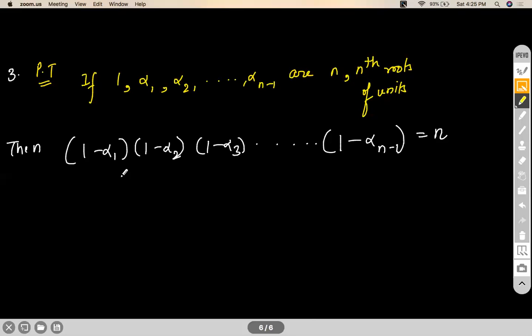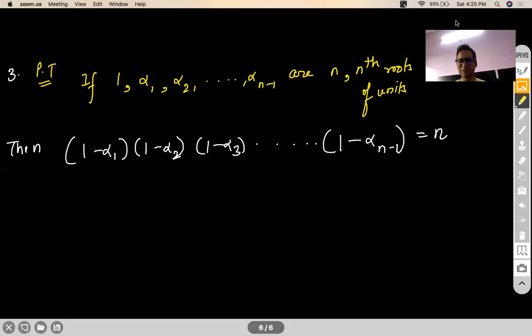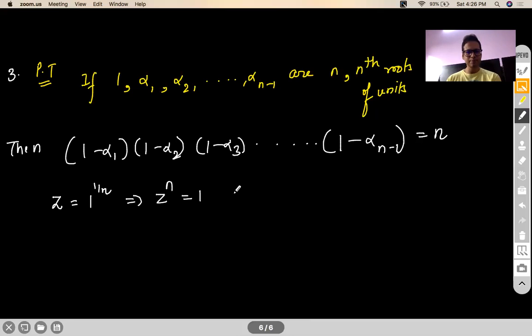Okay, so let me explain this to you because this may not be an easy problem for you in the first go, and this problem may surprise you a bit because of the solution. Let's see the solution. See, we all know that 1, alpha 1, alpha 2, etc. are basically the roots of this equation.